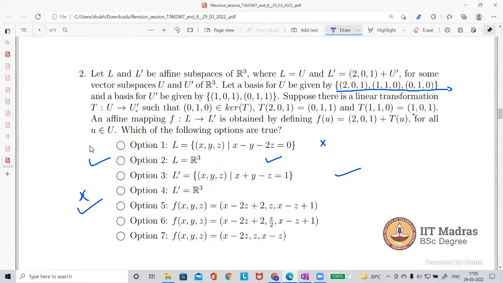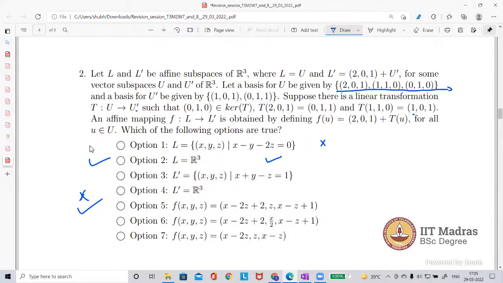Somebody says L prime will be this one. How did you get this? For this, I first calculated u prime, the vector subspace, which came as x, y, z such that z equals x plus y. For L prime, I took 2, 0, 1 plus u prime.